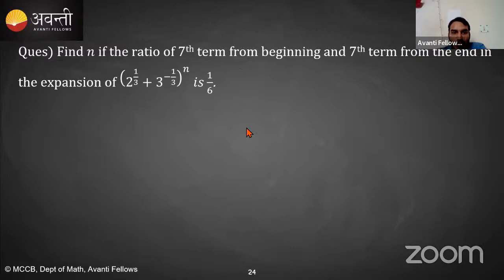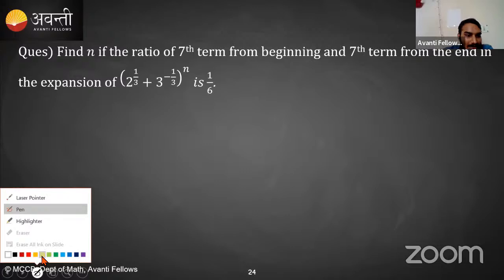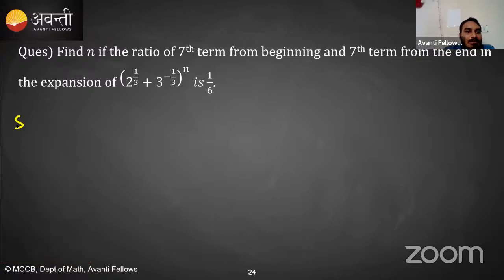Namrata is saying n equal to 9 is the answer. Okay, very good, you have solved the question. See, students, finding the answer, right or wrong, is important at this phase.